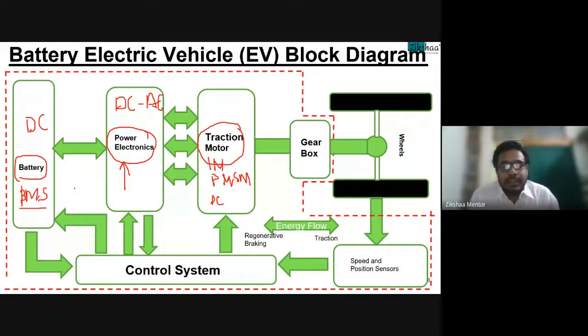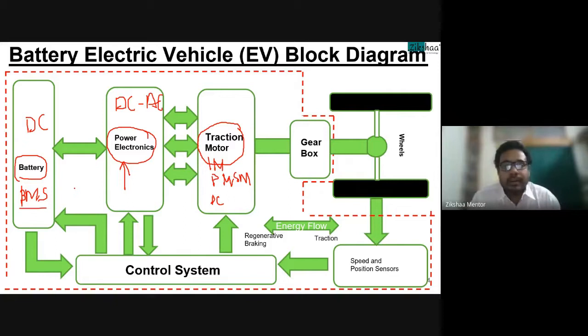A very sophisticated and regulated battery management system is very essential for good operation of an electric vehicle. If you do a cost analysis of the whole components of electric vehicles, you will find that most of the companies, most of the cars will have a very sophisticated battery management system.